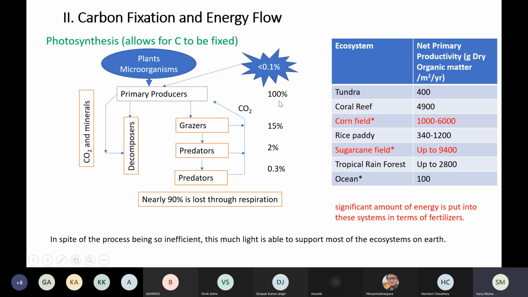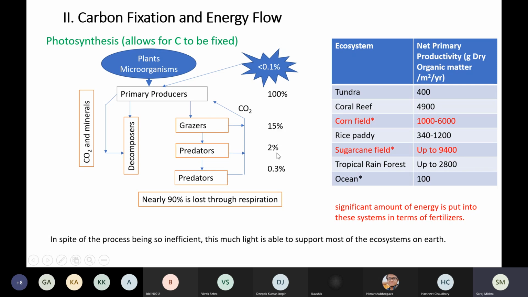Only 10% of the energy passes. The rest, nearly 90%, is lost through respiration. Do you remember those ecological pyramids which we talked about? The primary consumer, the secondary, the tertiary consumer. So at every trophic level, out of 100%, just about a maximum of 15% moves to the grazer.